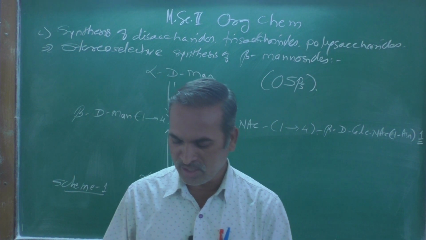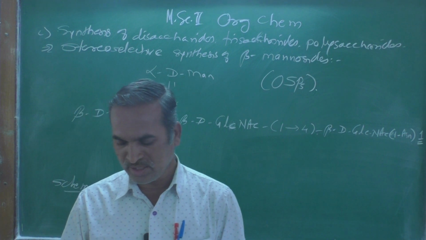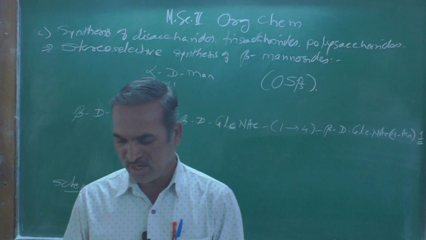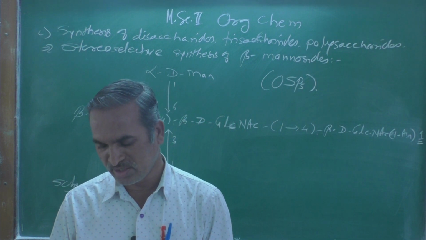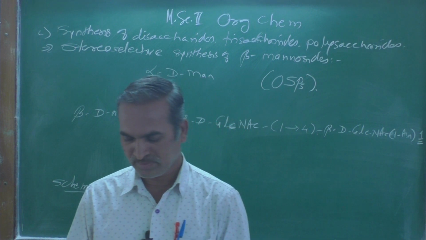The corresponding mannuronic acid is present in the enterobacterial common antigen and in other bacterial polysaccharides.